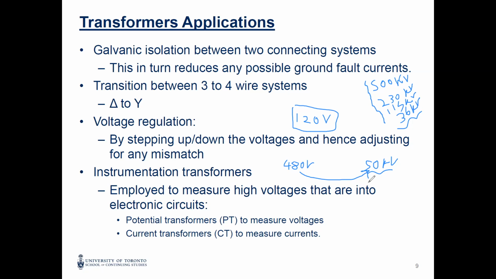So there is no standard, to be honest. However, some people put boundaries. They said anything above 1 kV is high voltage, and below this it's low voltage, okay? However, this one I completely disagree with.